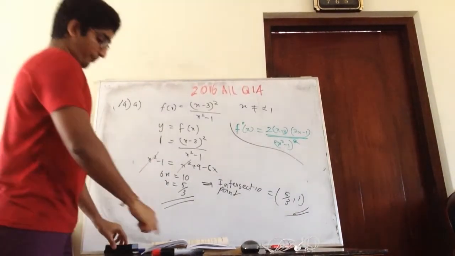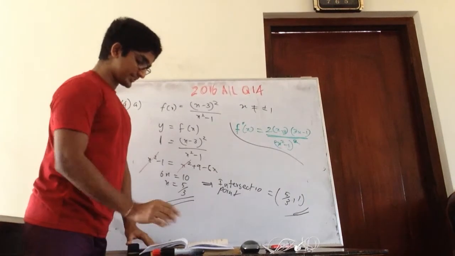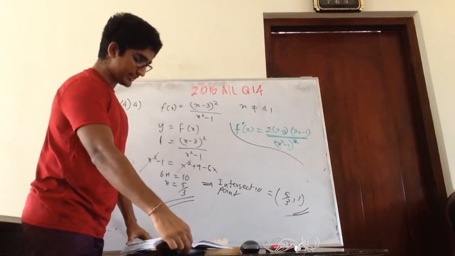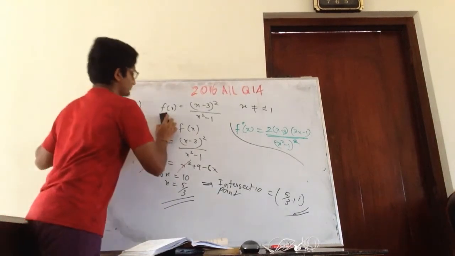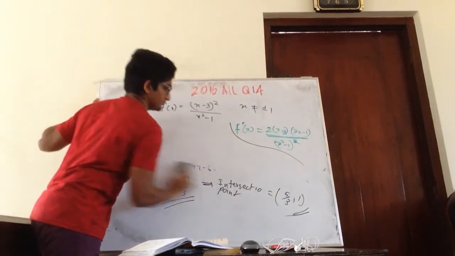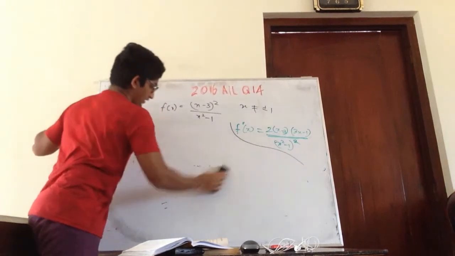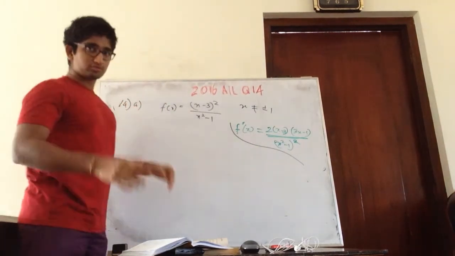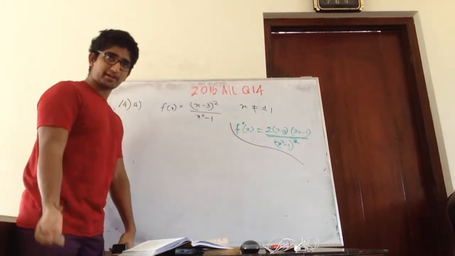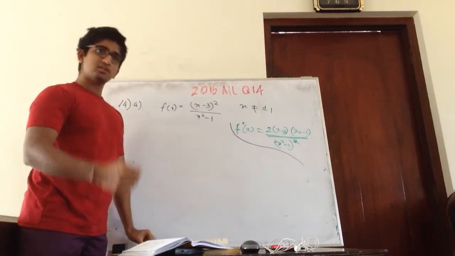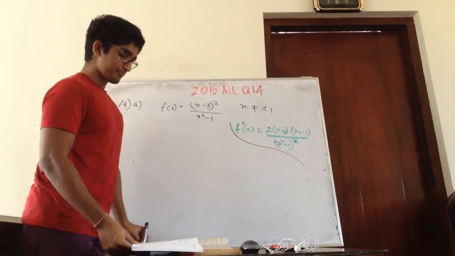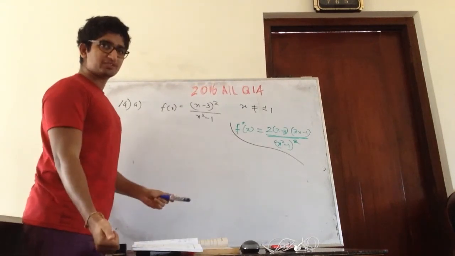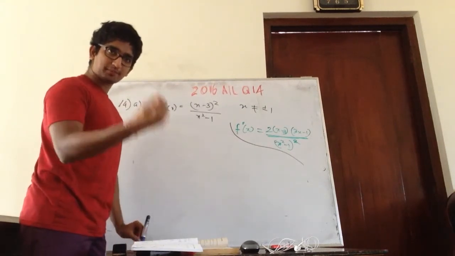Alright, so now they are asking us to sketch the graph of y equals f(x), indicating the asymptotes and the turning points. Right, so to draw the graph, we need the turning points. Now we know the asymptotes as well, and what happens at the limits.